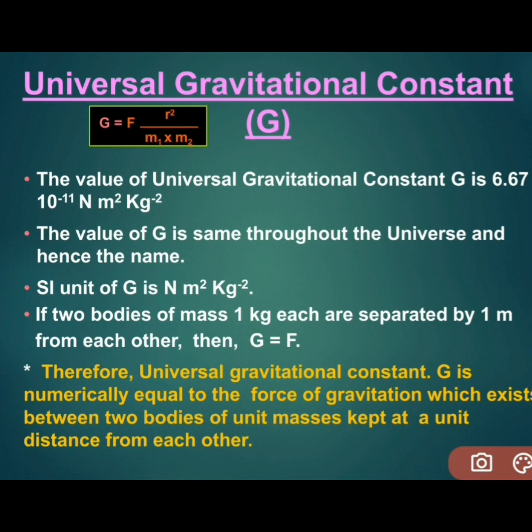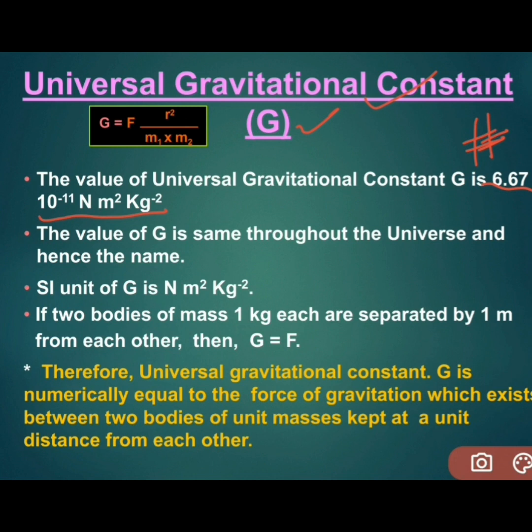What is the universal gravitational constant? We had already discussed it. The value of the universal gravitational constant is 6.67 into 10 raised to the power minus 11 Newton meter square per kilogram square, and this value has been experimentally calculated.